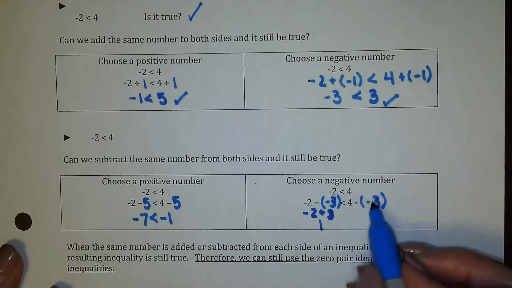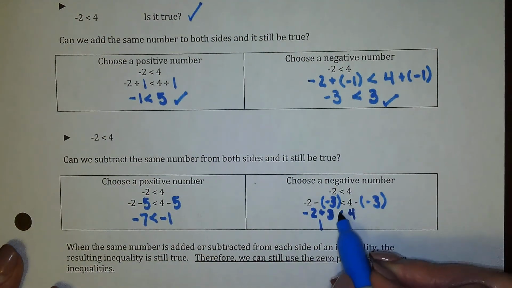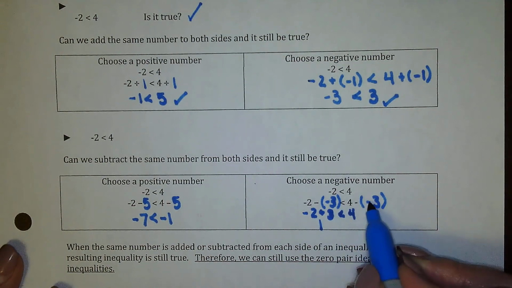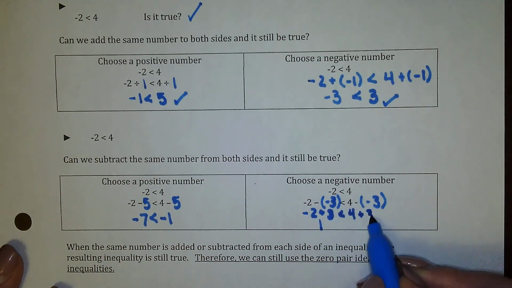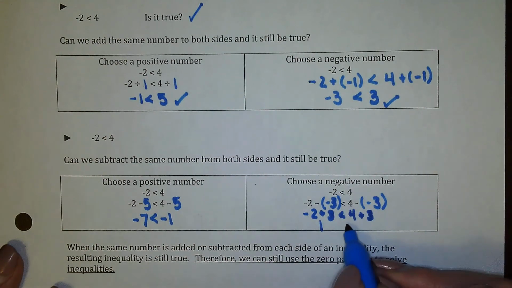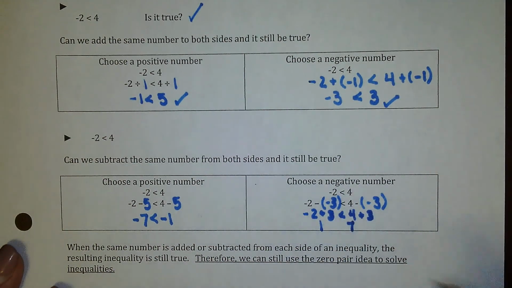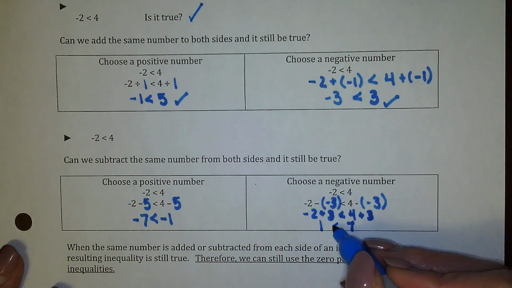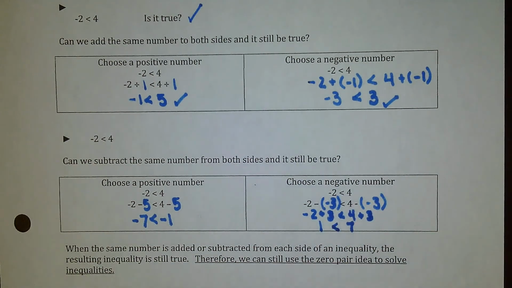Then 4 take away a negative is like in my brain adding a number. So that's 7. So 7 is still a bigger number than 1. So 1 is less than, we would read that left to right, less than 7.